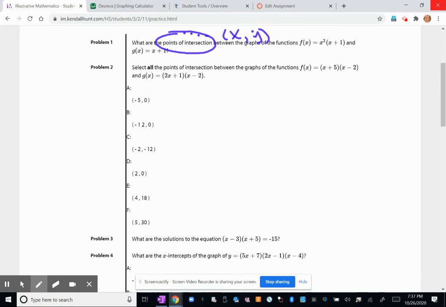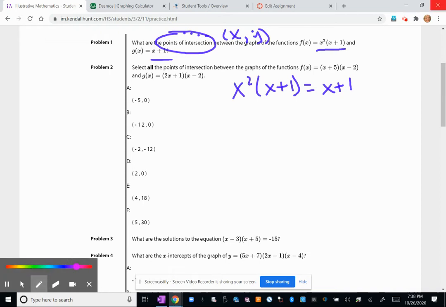To start out, I'm going to set the x squared times x plus 1 from f of x equal to x plus 1 from g of x. Since both of these expressions have the factor x plus 1, I'm going to subtract it from both sides so that the right side is equal to 0.